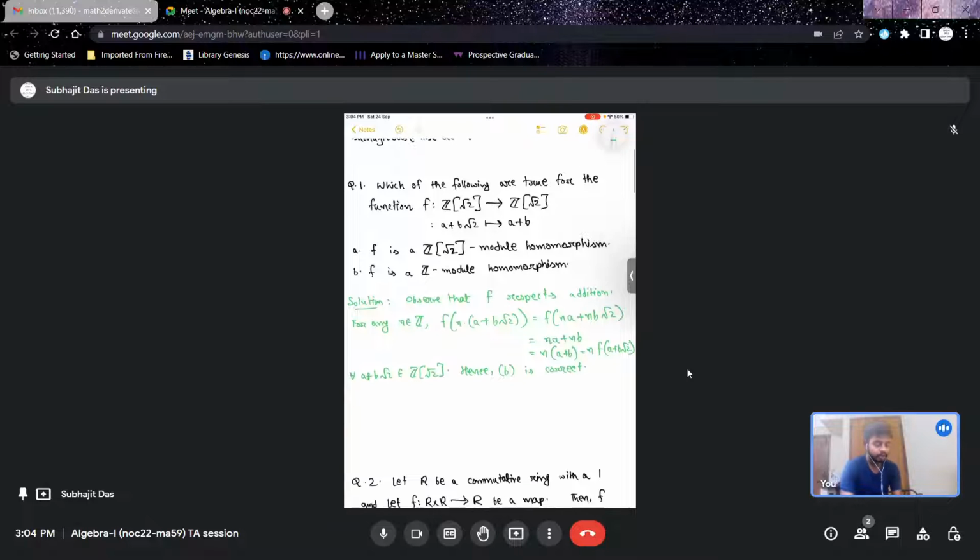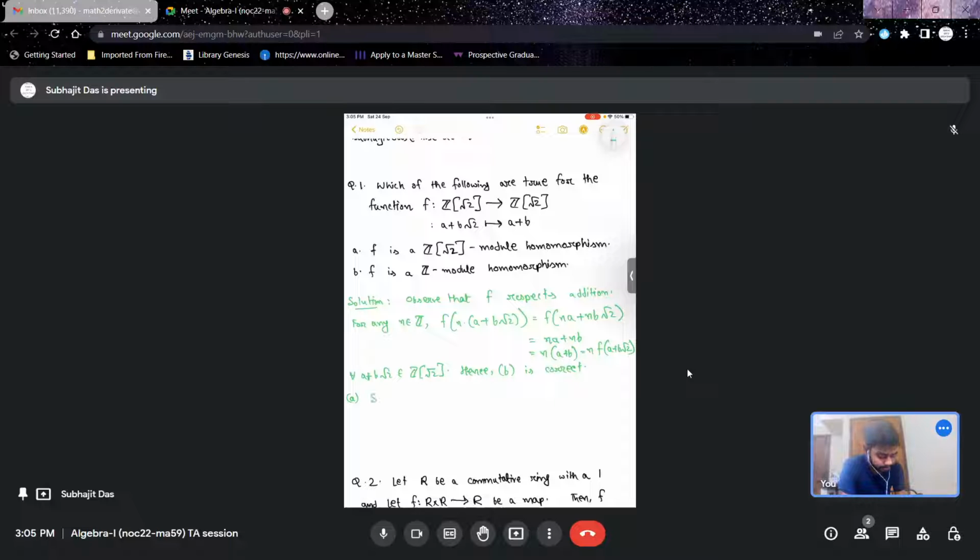Now what about option A? We don't even need to check anything here, we can just observe something and conclude. Suppose A is a ring and you are given A modules M and N, and suppose you take an A module homomorphism f from M into N. Then the image of f is clearly an A submodule of N, right?